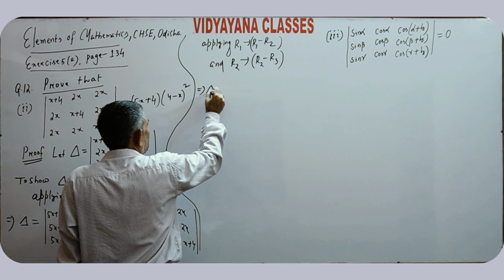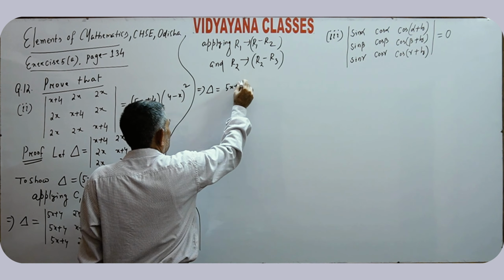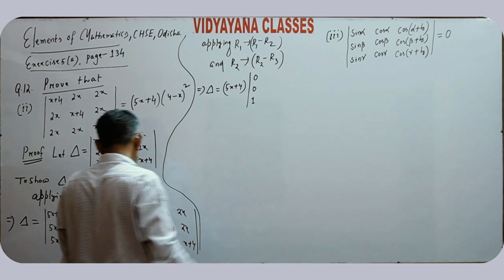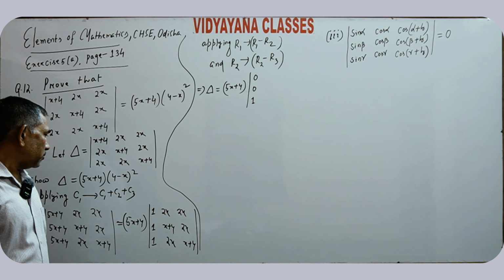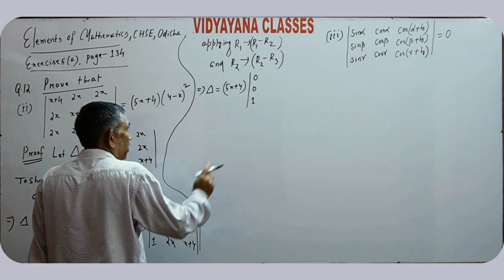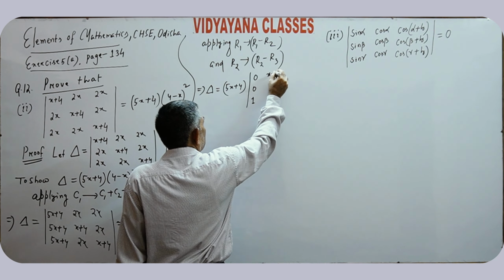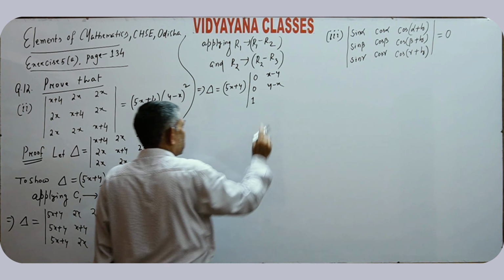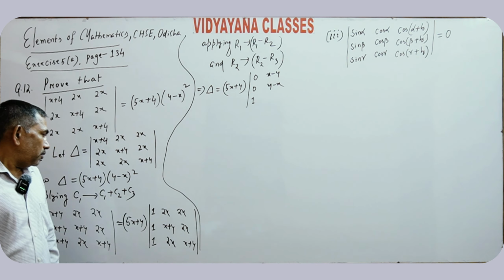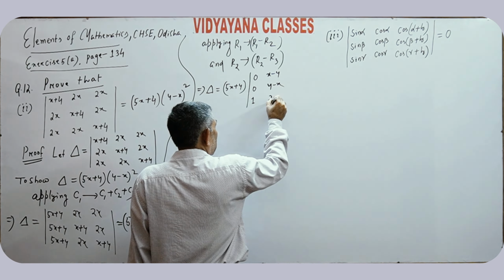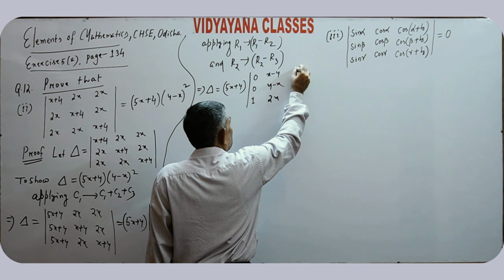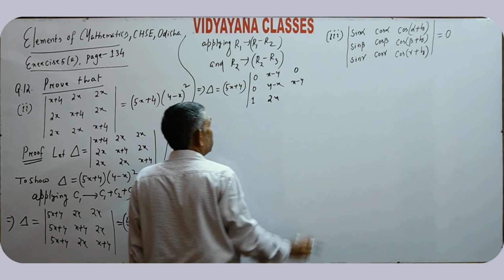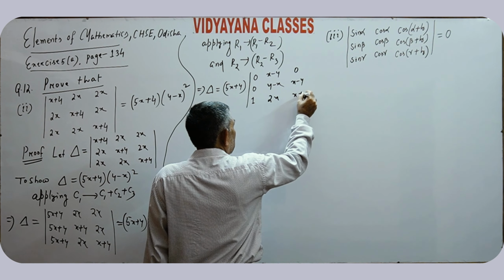Implies this del is equal to 5x plus 4 into determinant having elements 0, 0, 1. 1 minus 1, 0, 1 minus 1, 0. 2x minus x plus 4, x minus 4. x plus 4 minus 2x, that is 4 minus x. It is 2x, 2x minus 2x is 0, 2x minus x, x plus 4, that is x minus 4, x plus 4.